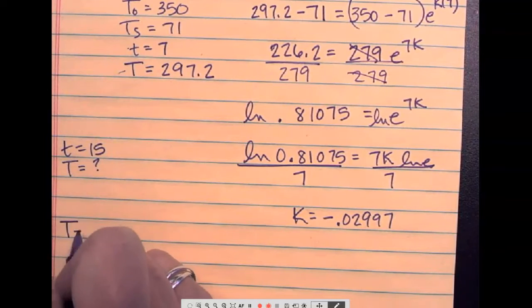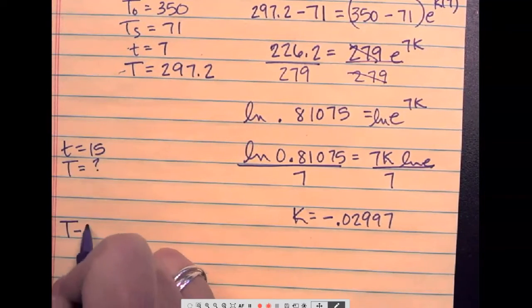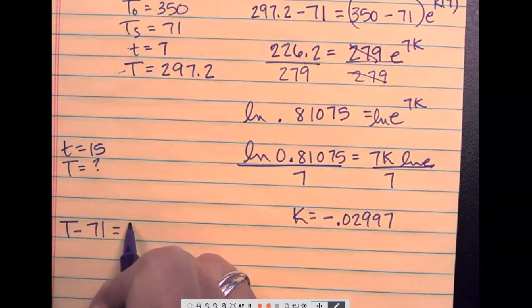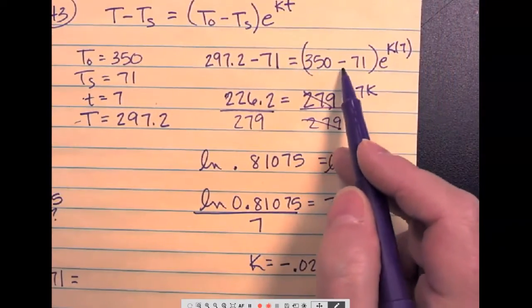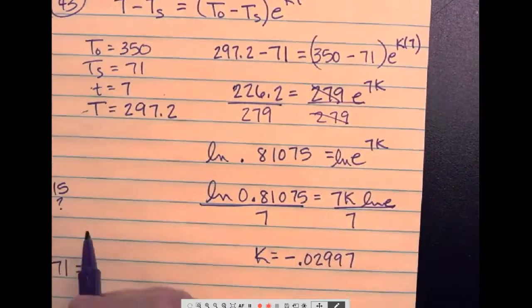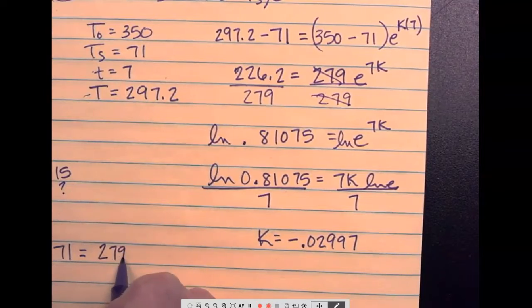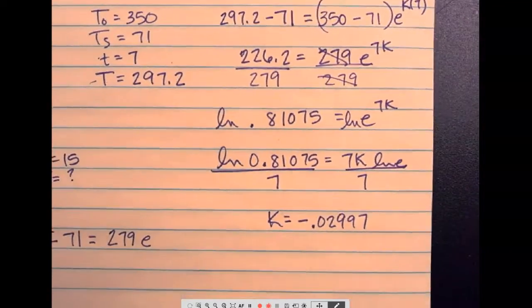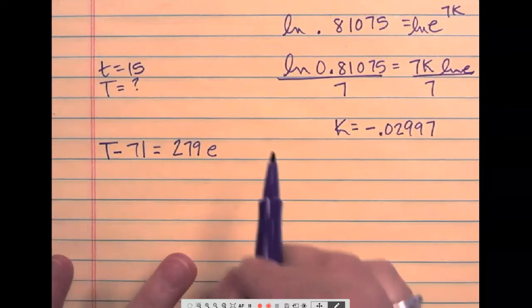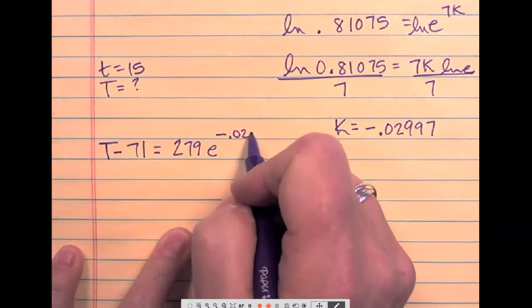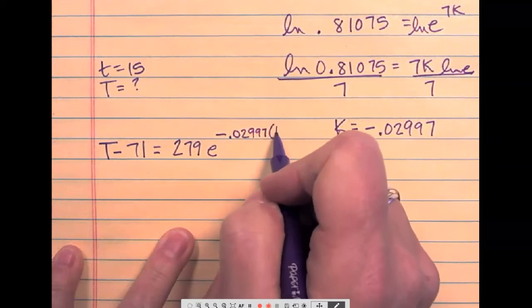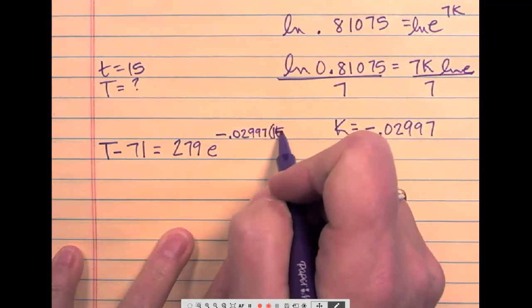Final minus surrounding. Okay, so this isn't changing here. This 350 minus 71, I already know that's 279, so I'm just going to put 279 e to the K times 15.